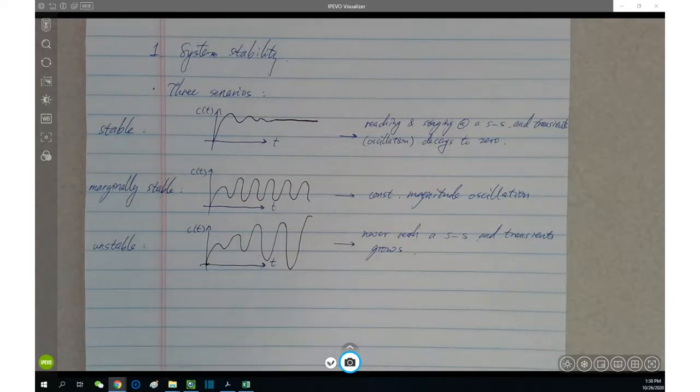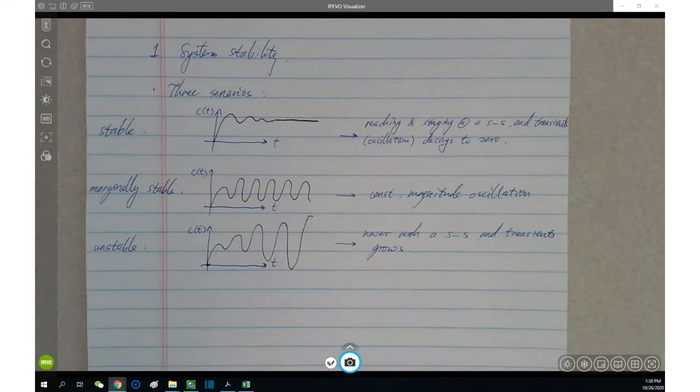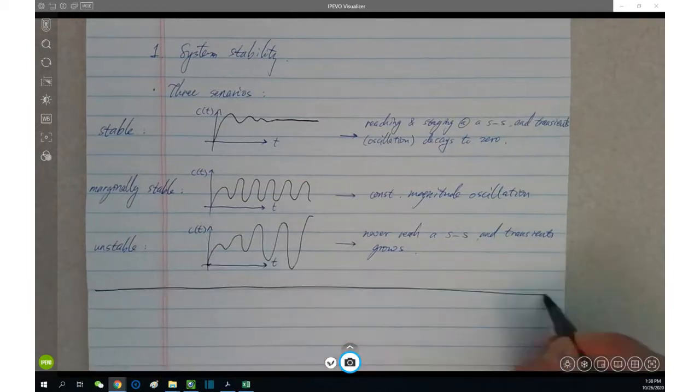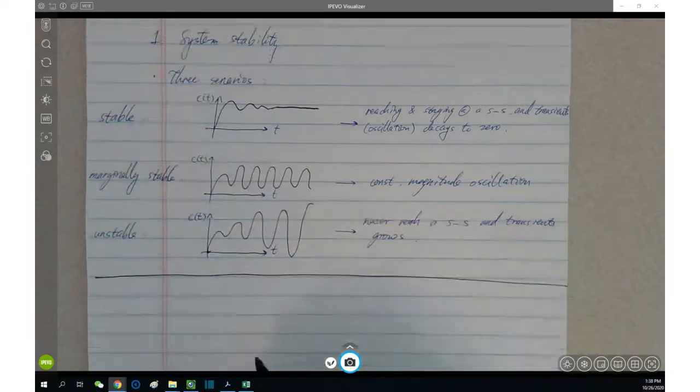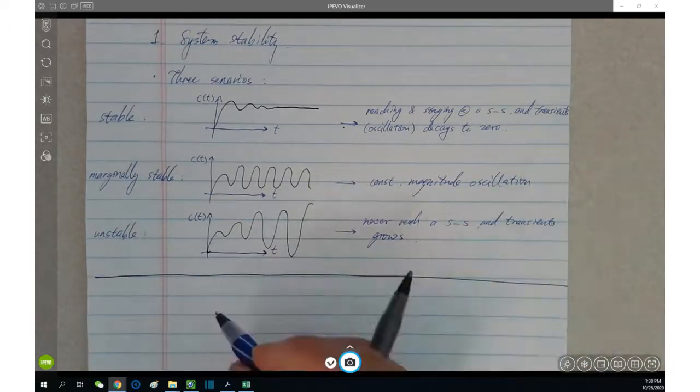So how can you tell which is which? Okay, here is how. My notebook page is not wide enough, so I have to start from the second line here, but I'm still using 3 parallel lines to indicate the stable, marginally stable, and unstable, okay? So here we go.